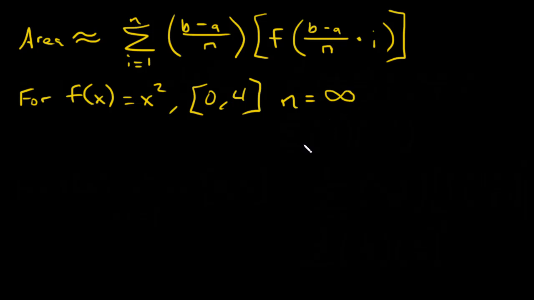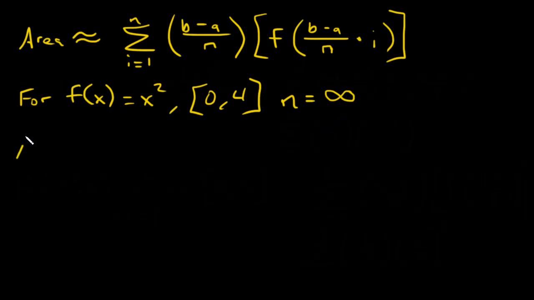What happens? Well, we saw that when we went from n equals 4 to n equals 8, our approximation looked like it would be better because there was less area above the curve. If I keep increasing the number of rectangles all the way to the limit as n goes to infinity, what happens?